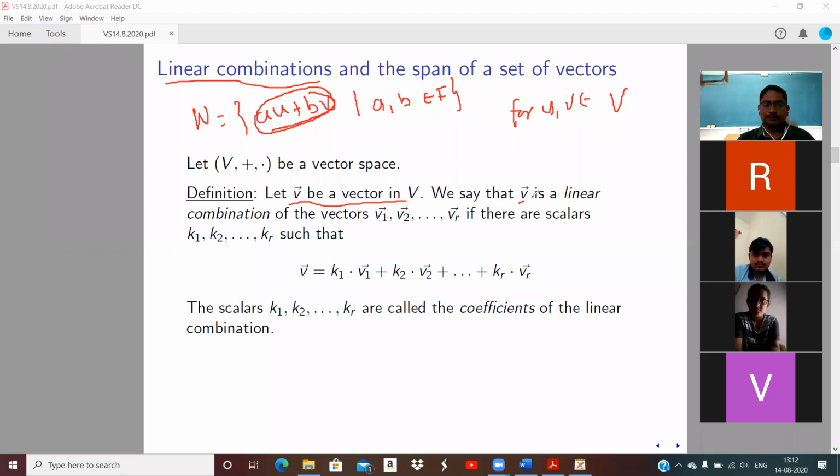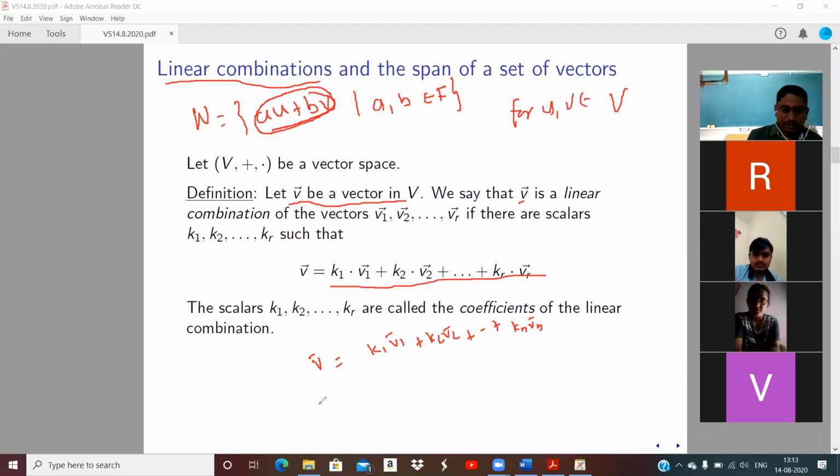We say that V bar is a linear combination of V1, V2, up to Vr if it is written as K1 V1 bar plus K2 V2 bar and so on, Kn Vn bar. It is just one vector of V written likewise.